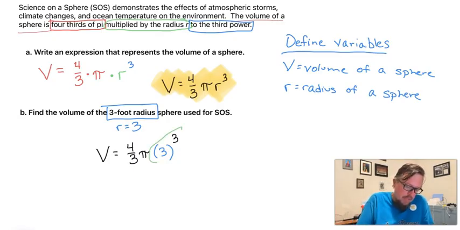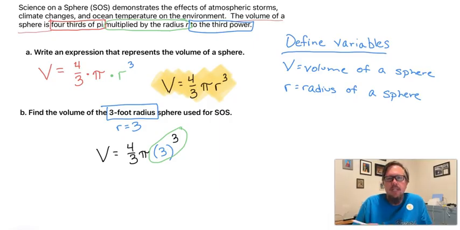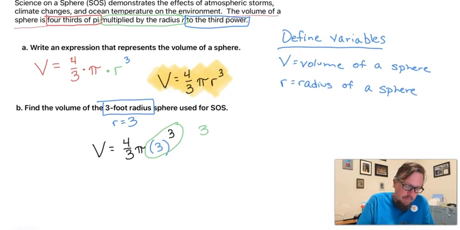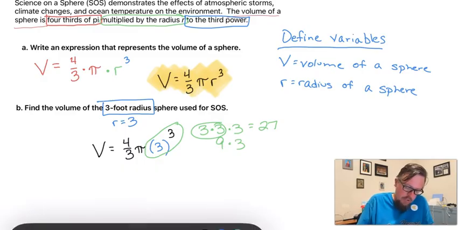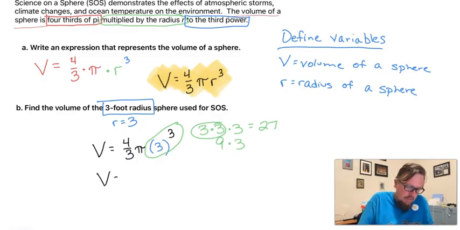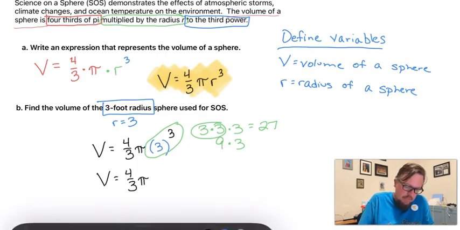We've got 3 to the third power, which is 3 times 3 times 3. And 3 times 3 times 3 is 27. This is 3 times 3 is 9, and 9 times 3 is 27. So after our first operation, we've got V equals 4 thirds pi times 27.